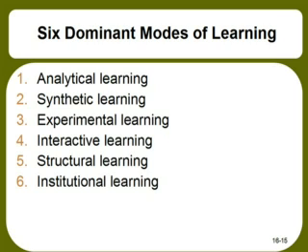These learning modes are classified as analytical learning, a systematic gathering of internal and external information; synthetic learning, emphasizing the synthesis of large amounts of complex information by using systems thinking; experimental learning, a rational methodological approach based on conducting experiments and monitoring the results; interactive learning, learning by doing; structural learning, based on the use of organizational routines; and institutional learning, a process by which organizations model values, beliefs, and practices either from their external environments or from senior executives.